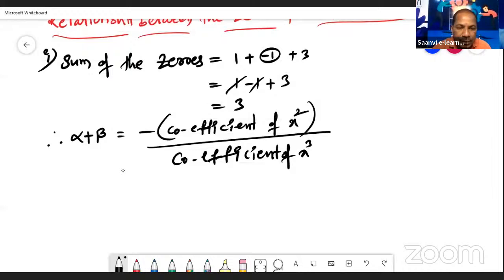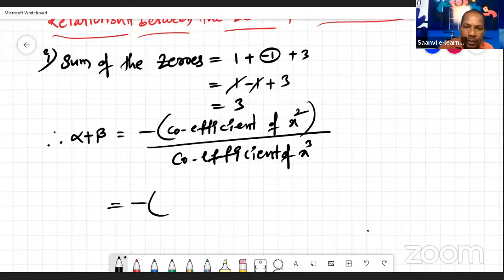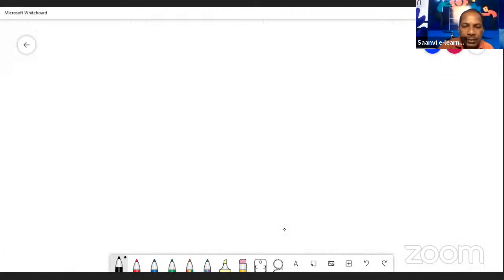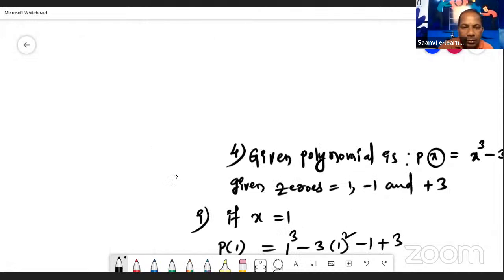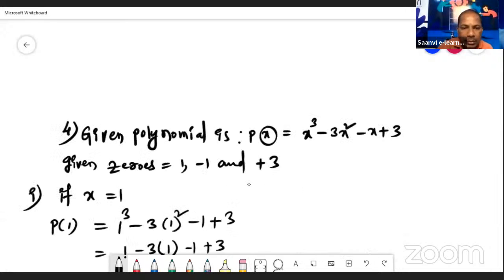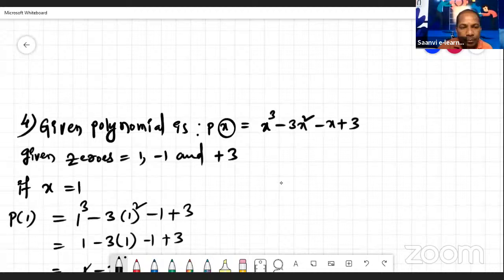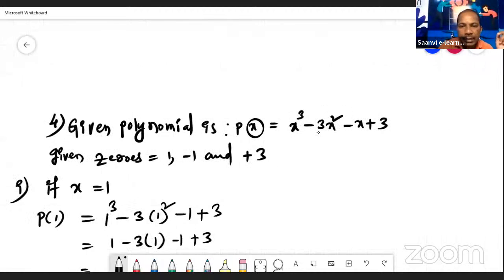Sum of the zeros is equal to minus of coefficient of x square. What is the coefficient of x square in our given problem? If we observe the given problem, the coefficient of x square is minus 3, and the coefficient of x cube is 1. So minus of minus 3 by 1.